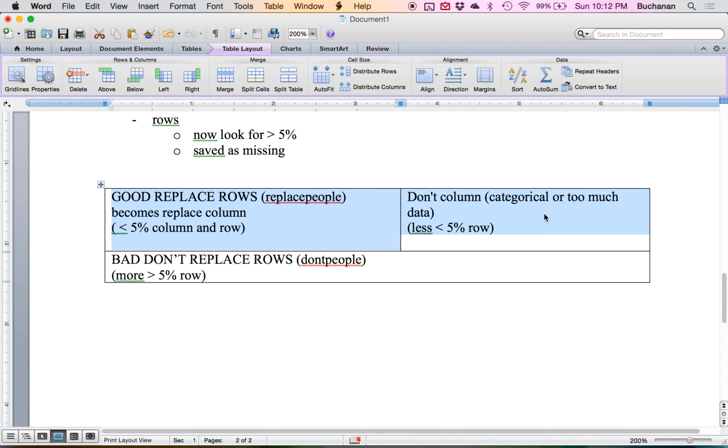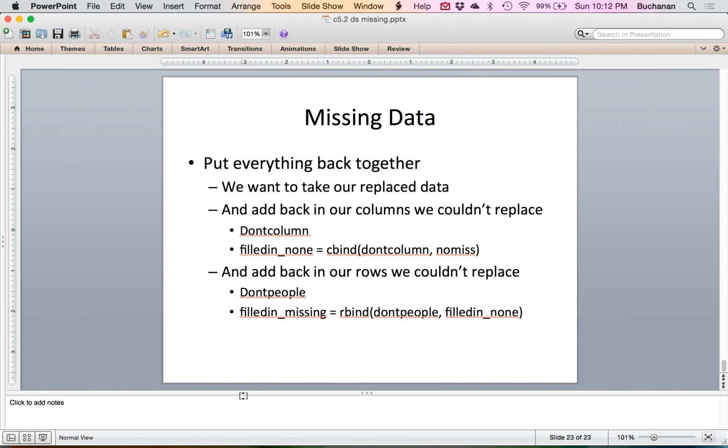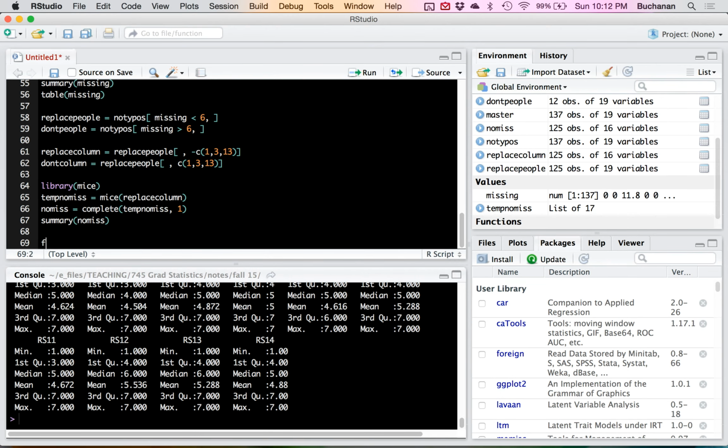To combine two sets of columns together, we're going to use the cbind function. So go back here. I called this filled in because that's the data set name. And I called it none originally because it's filled in with none of the people that were the problem, but you might find a better name for it yourself.